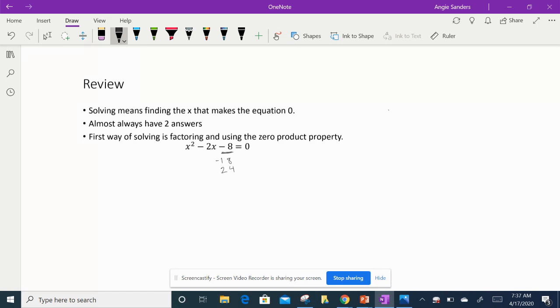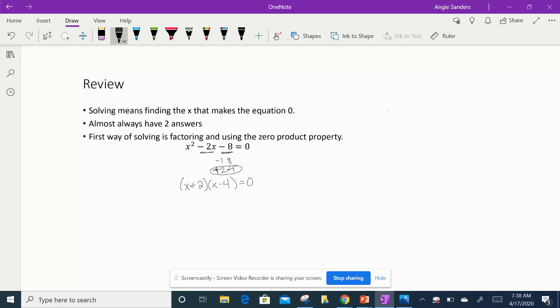Because it's negative, I'm making something negative, and I'm looking for the pair that gives me a sum of -2. Well, I see -2 and 4 would give me a sum of +2, so I'm going to change the signs so that I would get my sum of -2. Therefore, the factors are x plus 2 and x minus 4 is equal to 0.